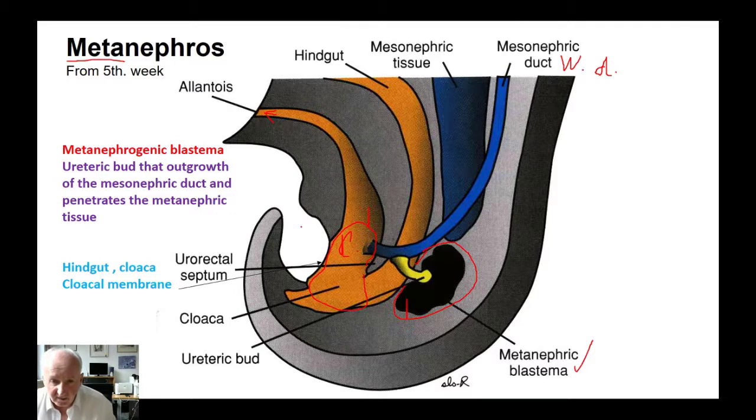And we see here our famous membrane, which is on the opposite side of the embryo. So the cloacal membrane. In the cranial part is the oropharyngeal membrane, and here you see the cloacal membrane.